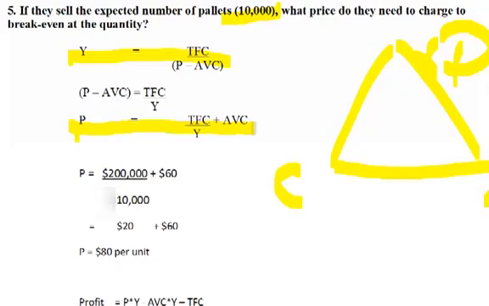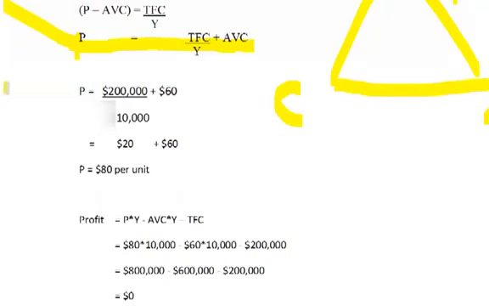So we rearrange it so we end up solving for P. First in, 200,000 for the fixed cost, the 10,000 units. So we have an average fixed cost of $20 plus an average variable cost of $60 means the appropriate selling price is $80. Let's see if that worked.